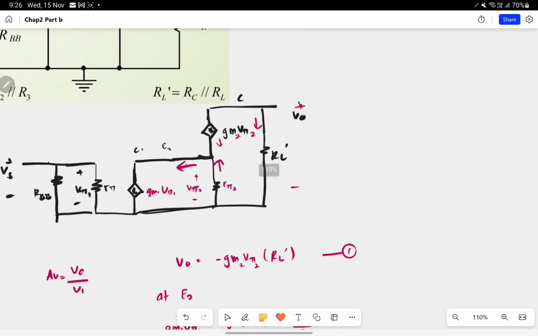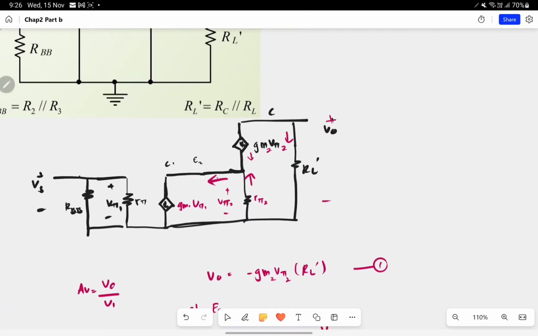So if you got these equations, you got these transformations, AC signal transformations, now you can compute our gain. So our gain is V out over V in. V out is located at the right side, so the current entering the RL prime is what lets us measure our V out.